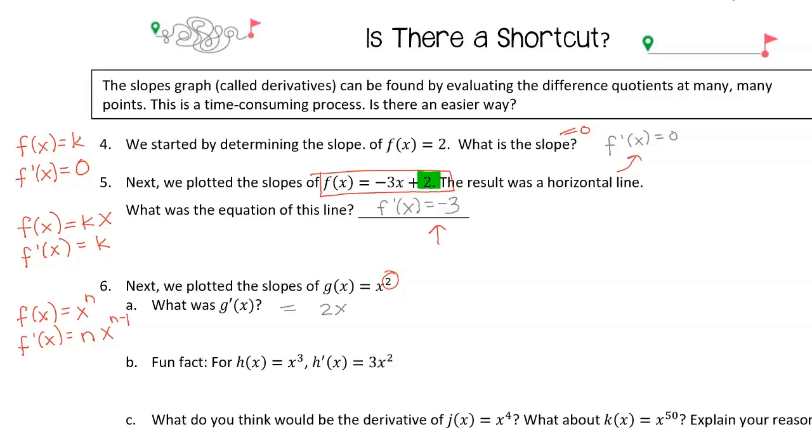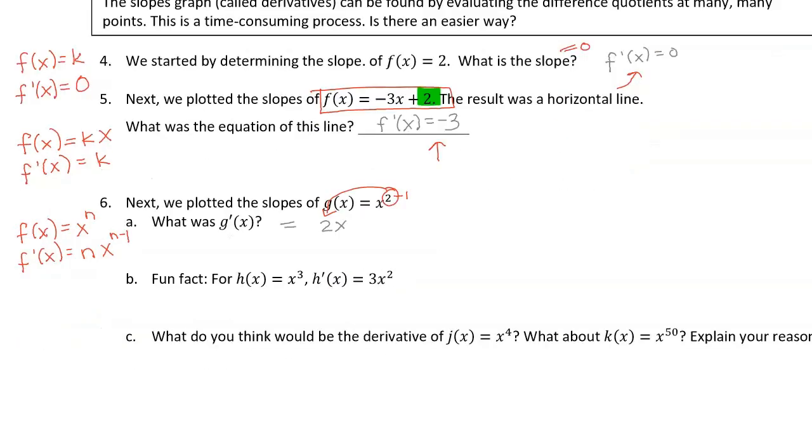So the 2 came out in front, and then I subtracted 1 from the exponent. Then 6b says that when h of x is x cubed, the derivative is 3x squared. This follows our rule. The 3 came out in front, and then I subtracted 1 from the exponent.